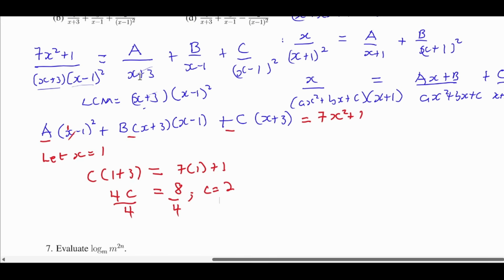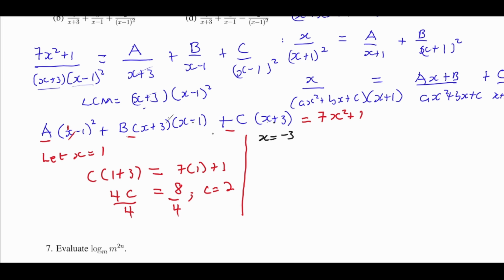Then I'll do the same thing for my B, or any of them that I can find. So I can also say let x be equal to -3. If x is equal to -3, what do I have? This one will go to 0, because if I add 3 to -3, that will be 0, and then times this will give me 0, times the B will give me 0.